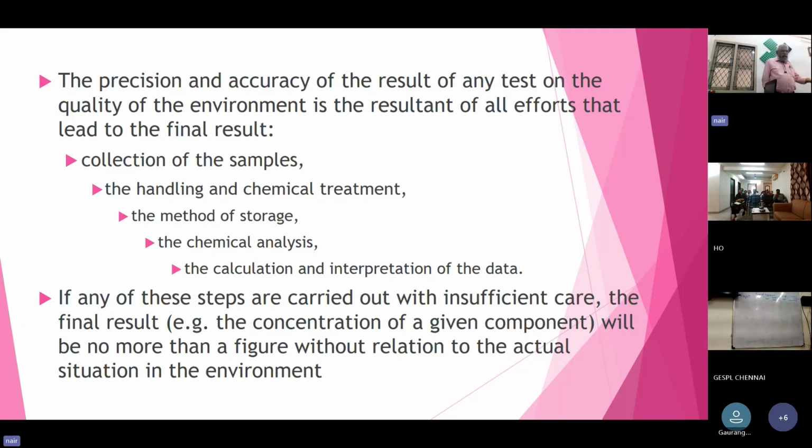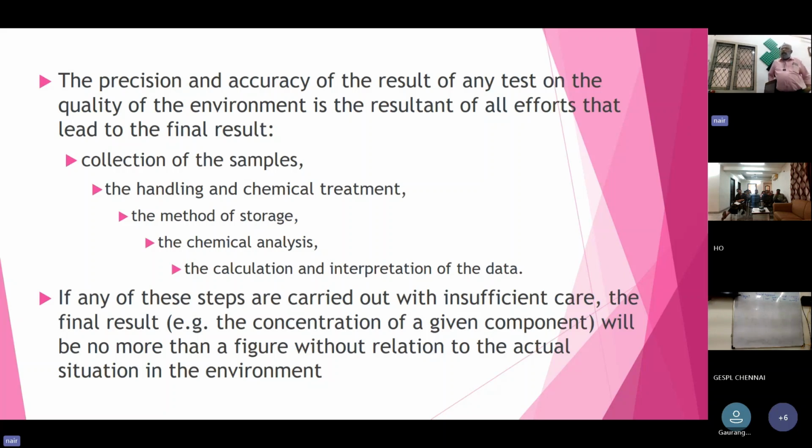So if the person collecting and transporting is correct and the laboratory receives the correct representative sample, then the analysis and result will be accurate. Interpretation also depends on it. So the first thing is the sampling and transportation.